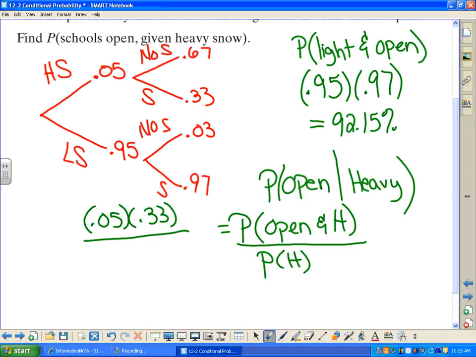What's heavy? 5%, 0.05. You probably don't have to do too much here because as soon as you set it up, I'm hoping you see what it's going to be. 33%, right? Because the 0.05s go, and we end up with 33%. Okay? Do you see how that works? Yes?